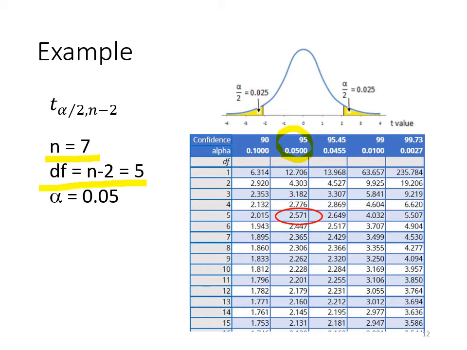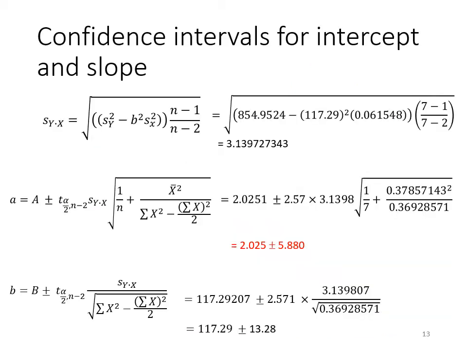So in this case, the number of degrees of freedom is equal to n minus 2, or 5. So we've got 5 degrees of freedom, and we have a critical t-value. The critical t-value that we get from the table is 2.571.